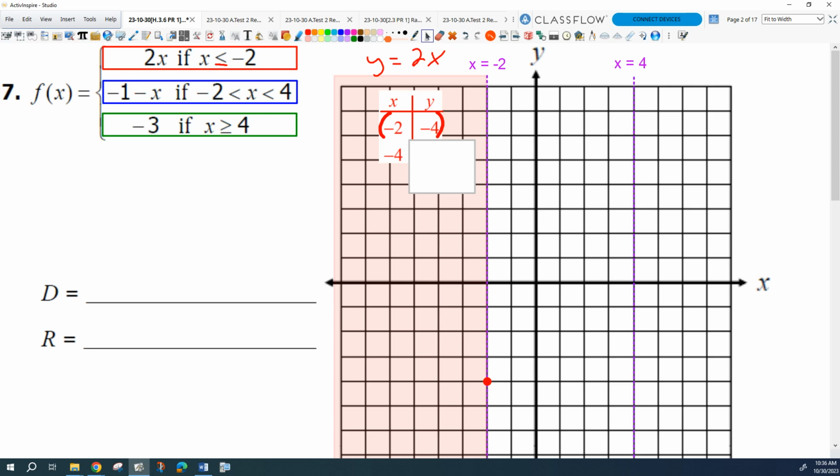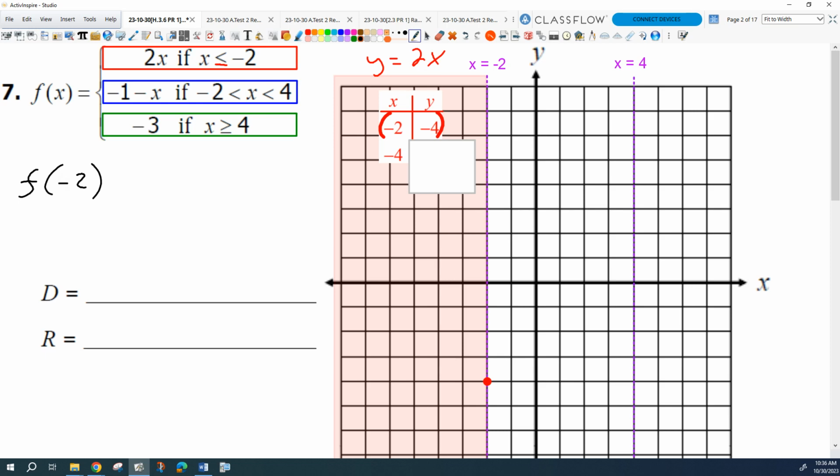-8, right? Does it make sense if I talk about evaluating the function? Let's take one quick second here. If I talk about evaluating the function, f of -4, when you look at the piecewise function, does it make sense that that would be -8?